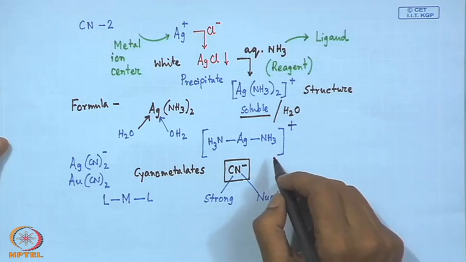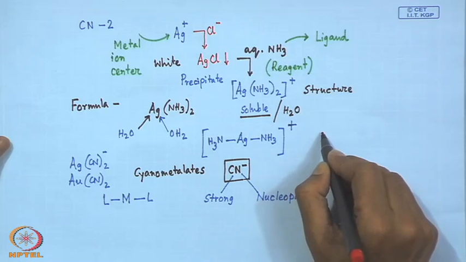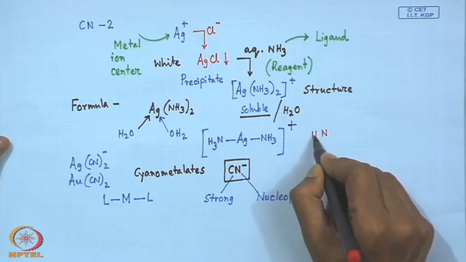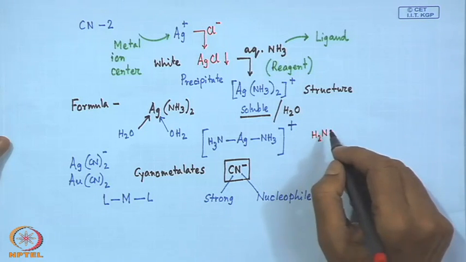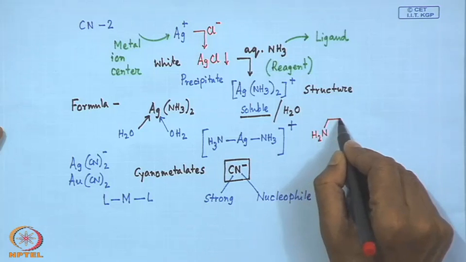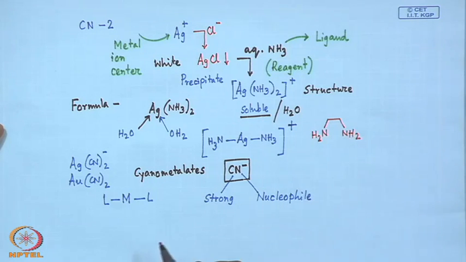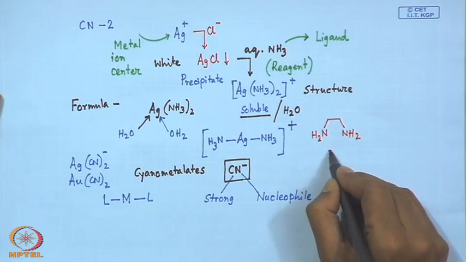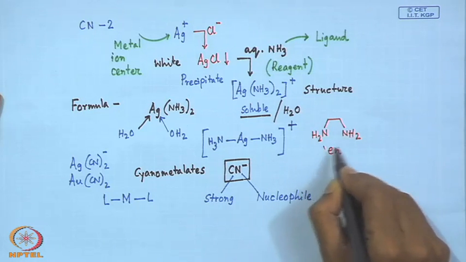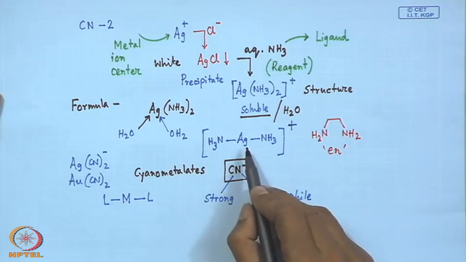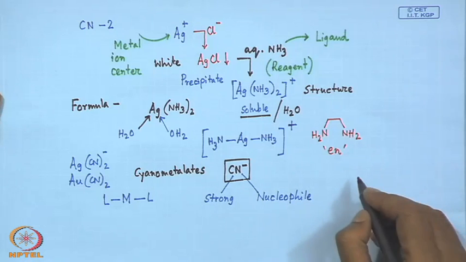Whenever we talk about coordination from ammonia or cyanide, we can have some important information at the same time. If we have, instead of ammonia, some ammonia like ligand, an organic molecule like the bidentate chelating ligand ethylene diamine, how can ethylene diamine react with silver 1 or gold 1?